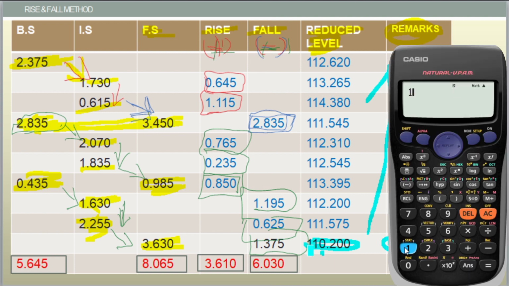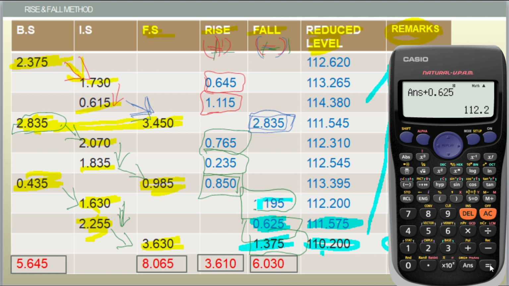By this, let's start. On the benchmark 110.5, we add 0.375, and we get 111.575. Again we add that value of the fall, we get 112.2.